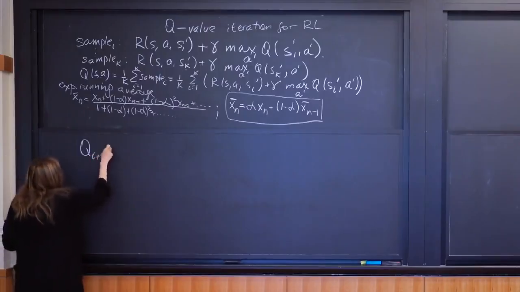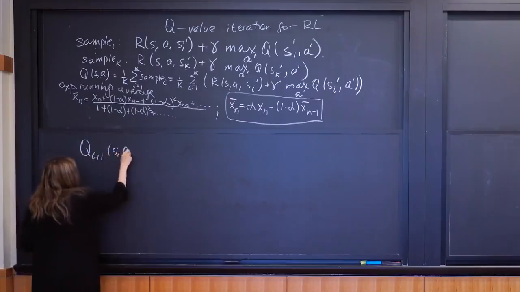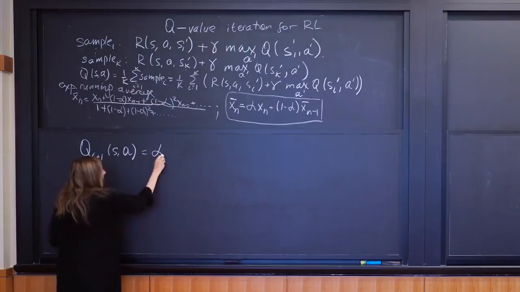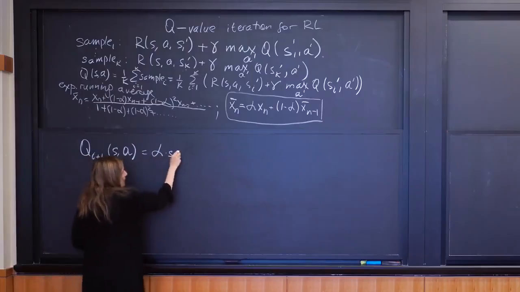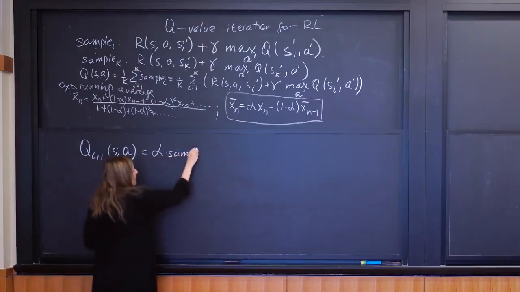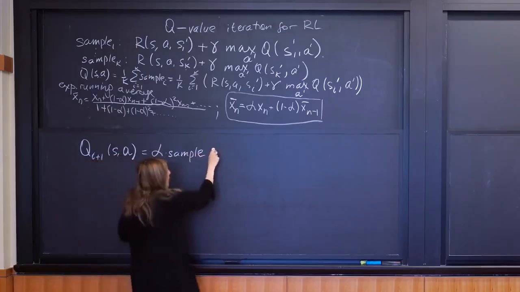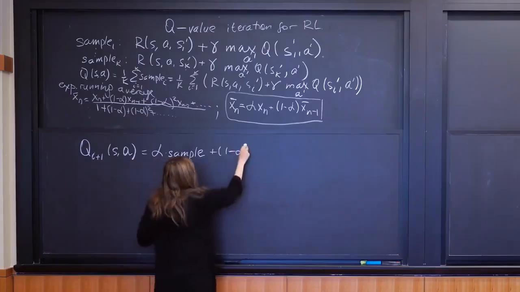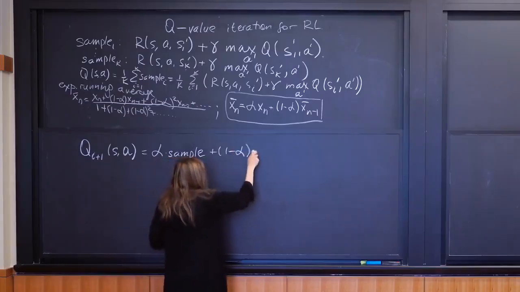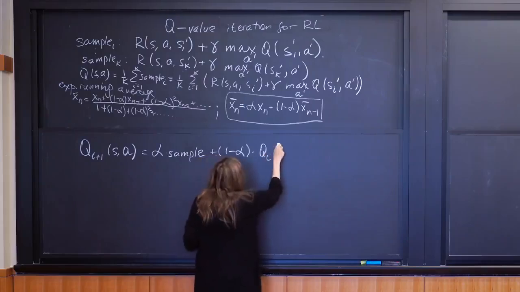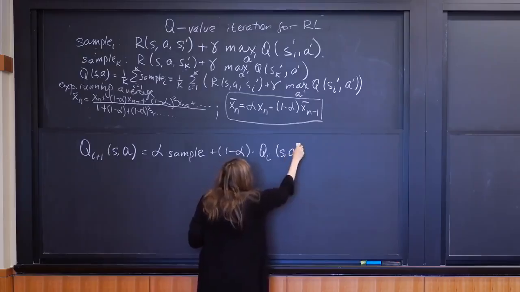So with this definition, we can write that Qi plus 1 of s, a is going to be equal to alpha times sample, and I just don't want to mess up the formula, so I just write sample, plus 1 minus alpha times Qi of s, a.